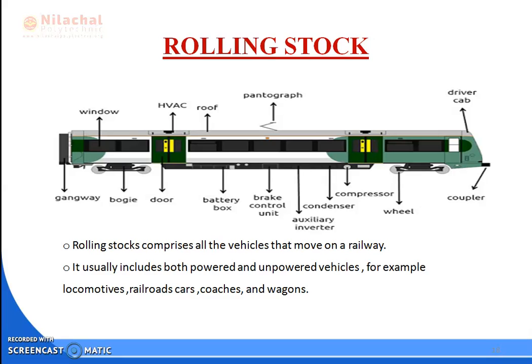So for example, powered and unpowered vehicles means locomotives, railroad cars, private railroad cars and wagons. Those used in urban transit applications, your subway, streetcars, metros, undedicated to right of way, are called your rolling stock.